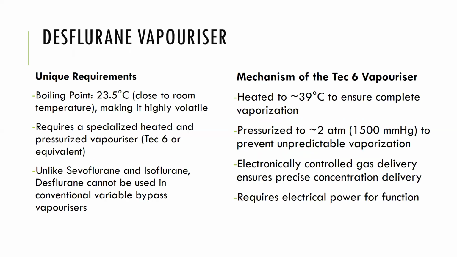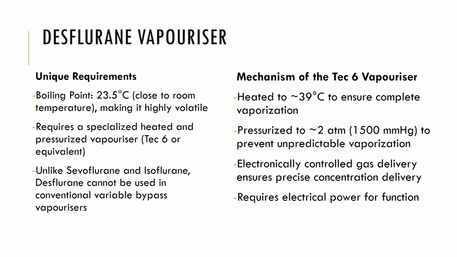So you need this requirement because desflurane has a very low boiling point. So it can vaporize even at room temperature. Because of that, it can give very, how do I put it, uncontrolled concentration. So it requires a specialized heated pressurized vaporizer.